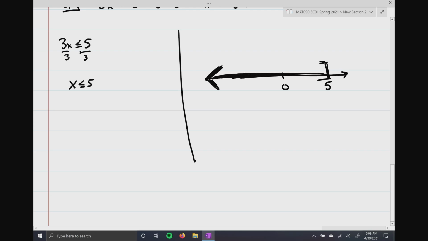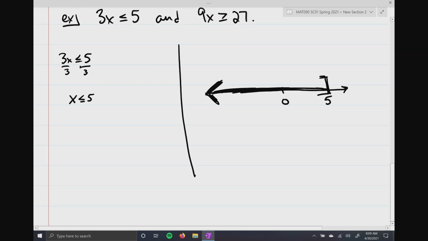All right, so there's my first inequality. Now, the second inequality is going to be 9x is greater than or equal to 27. So I will divide both sides by 9 to give me x is greater than or equal to 3. So I will draw another inequality.